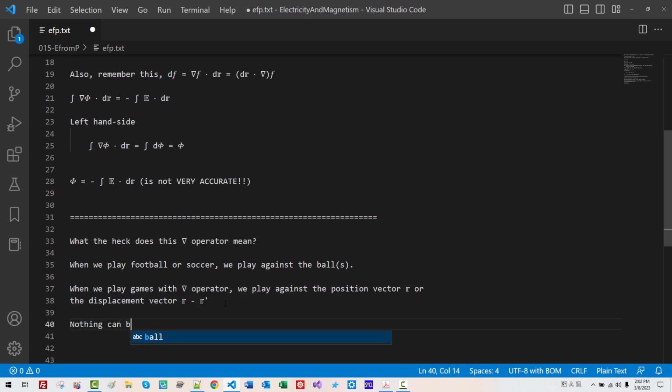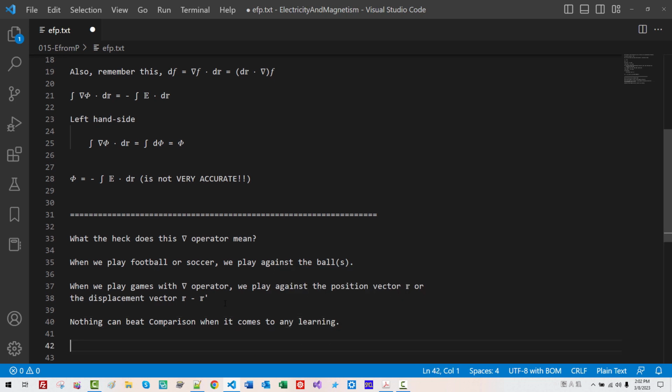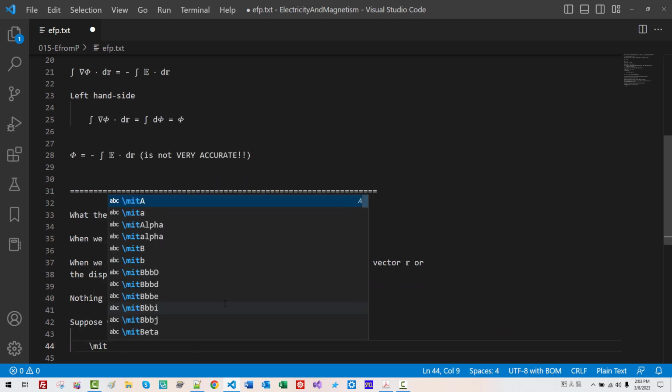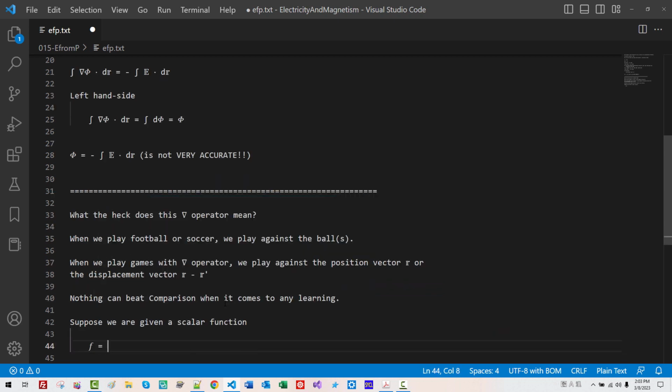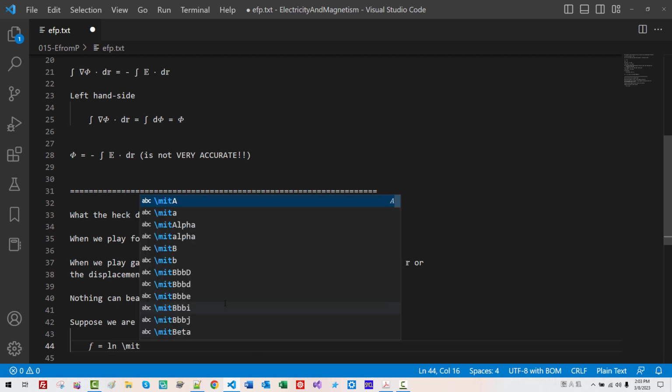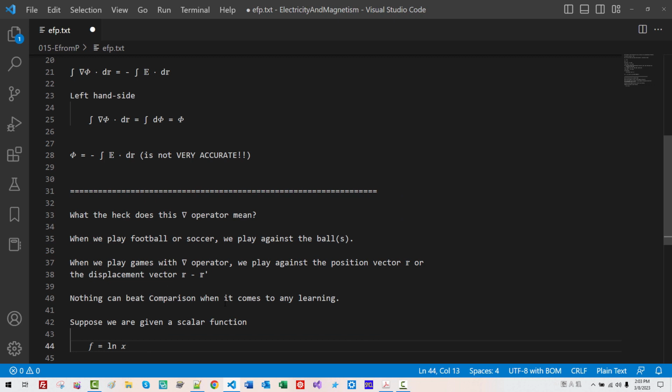Nothing can beat comparison when it comes to any learning. I will give you concrete comparisons. Suppose we are given a scalar function f equals ln x, the natural log of x.